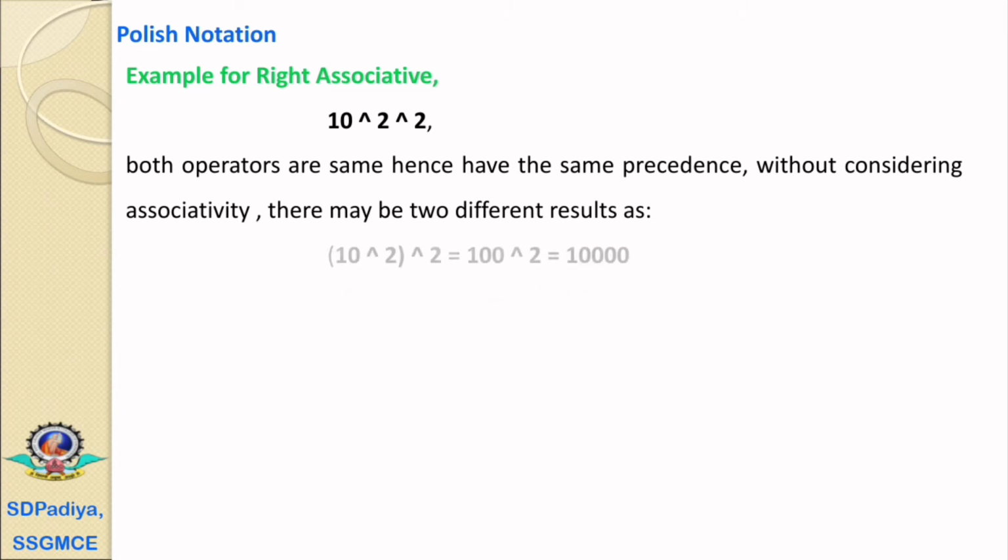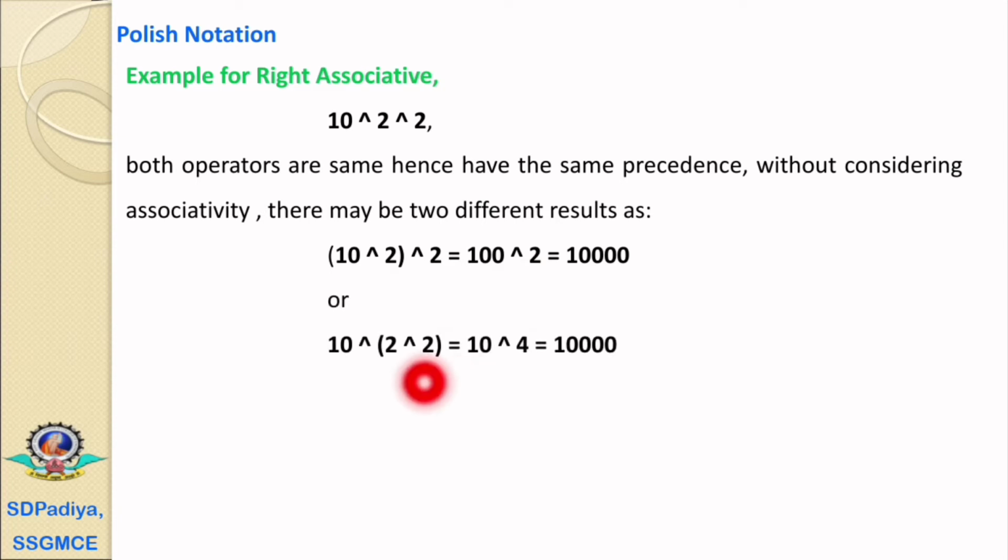Again the result will actually be the same, but how do we have to solve? We solve 10 raised to power 2 first, and then its result, that is 100 raised to power 2, will be 10,000. Or we solve first the 2 raised to power 2 and then 10 raised to power 4, which also equals 10,000.